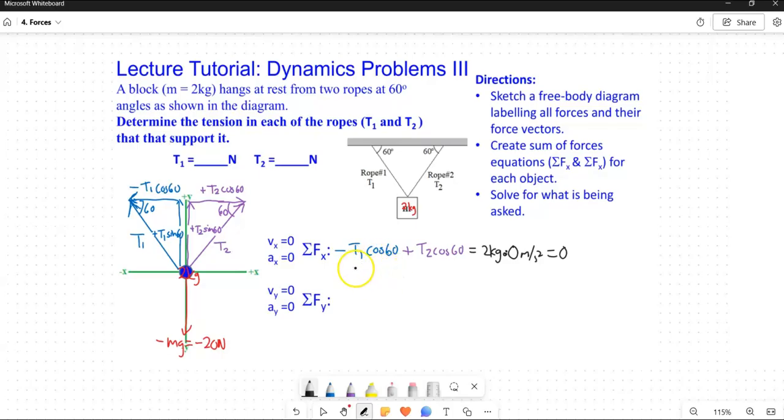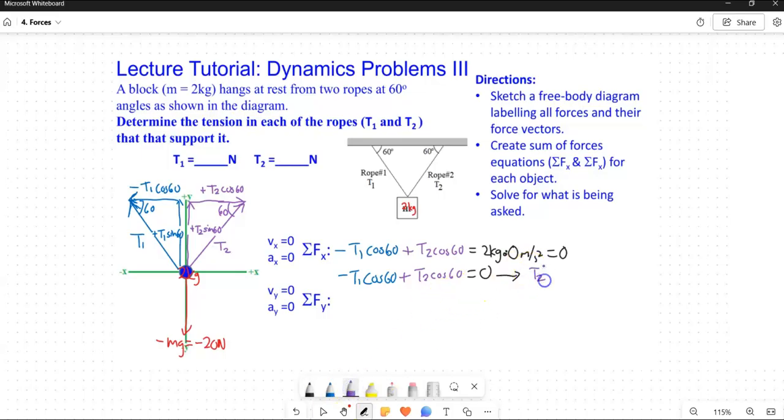So I'm going to copy this down again. Negative T1 cosine of 60 degrees plus T2 cosine of 60 degrees is equal to 0. So we're going to add that T1 term onto the other side.